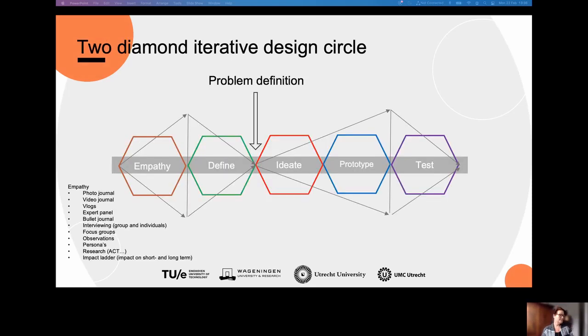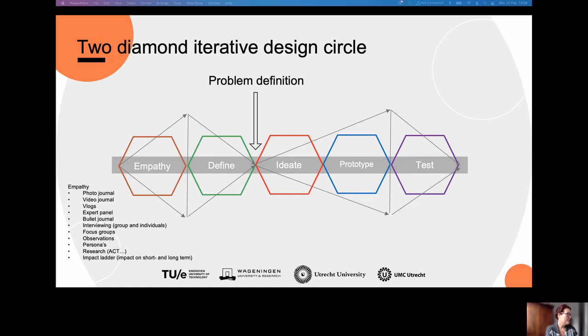And what you can see in a lot of creative and also challenge-based learning processes and courses is that the two-diamond model is a frequently used model. You might already have seen this model.